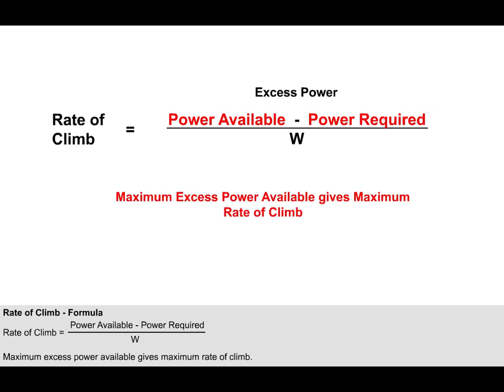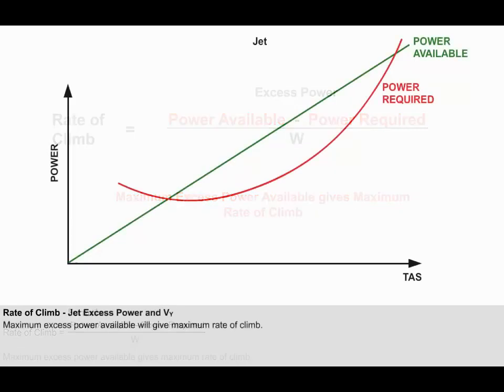For any given weight, the greater the excess power available, the larger the rate of climb. Conversely, the lower the excess power available, the smaller the rate of climb. In order to maximize the aeroplane's rate of climb, therefore, we need to maximize the excess power available.